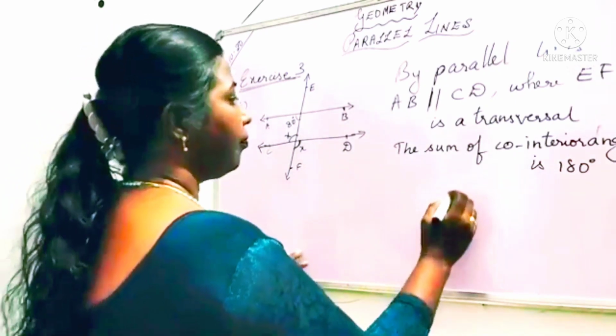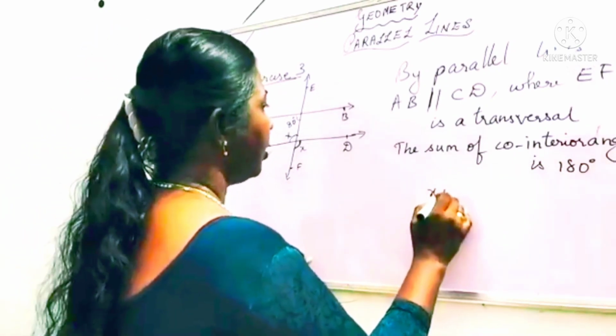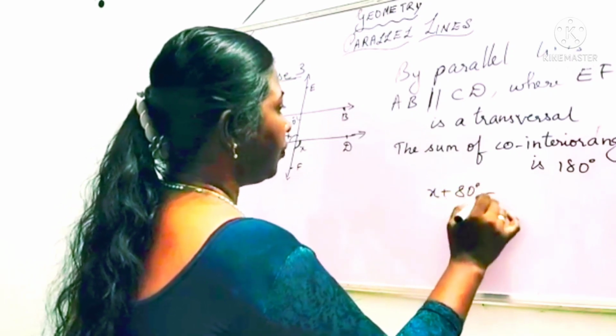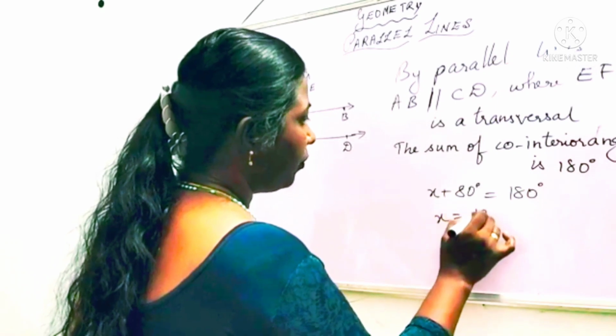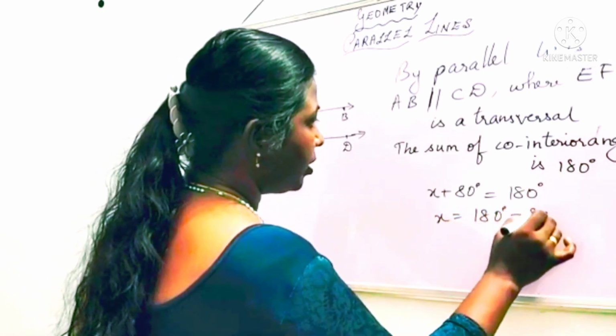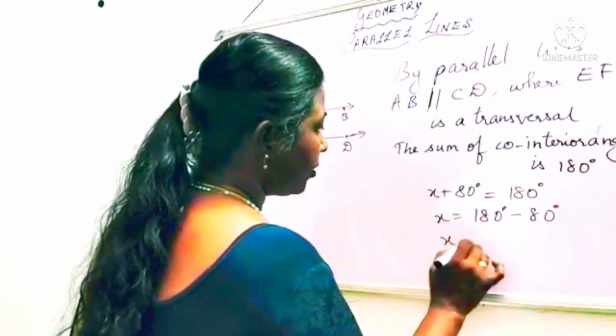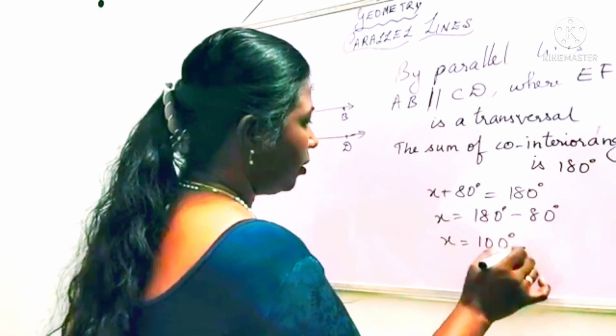So it will become x plus 80 degree is equal to 180 degree. So x is equal to 180 degree minus 80 degree. That will become x is equal to 100 degree.